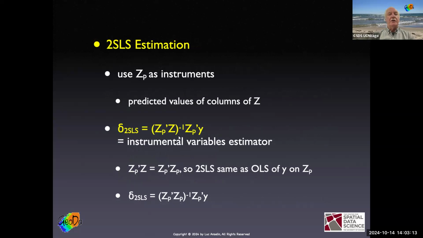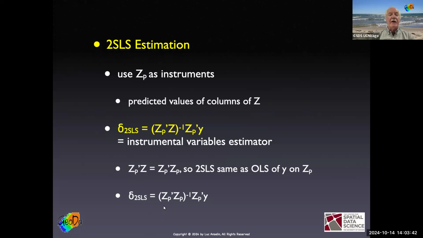Remember, we had Q prime Z, Q prime Y. So Q becomes ZP, the predicted values, ZP prime Z inverse ZP prime Y. And with a little bit of algebra, I won't get into that, you can actually show that ZP prime Z is the same as ZP prime ZP.